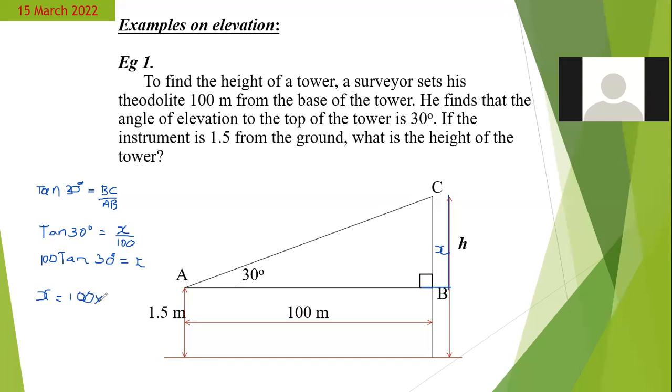So 100 times 0.577. So X would be equal to 57.7.